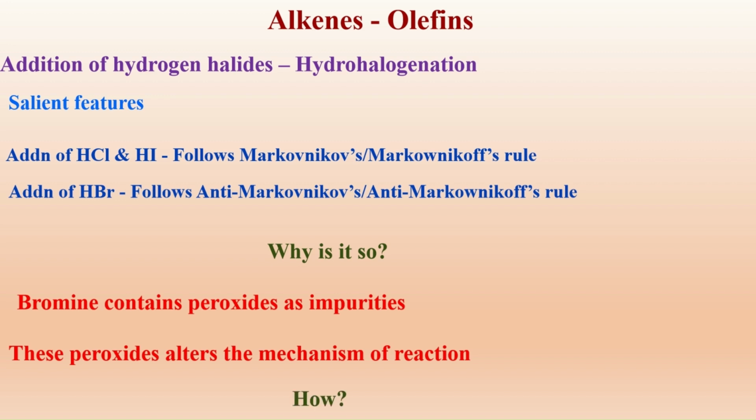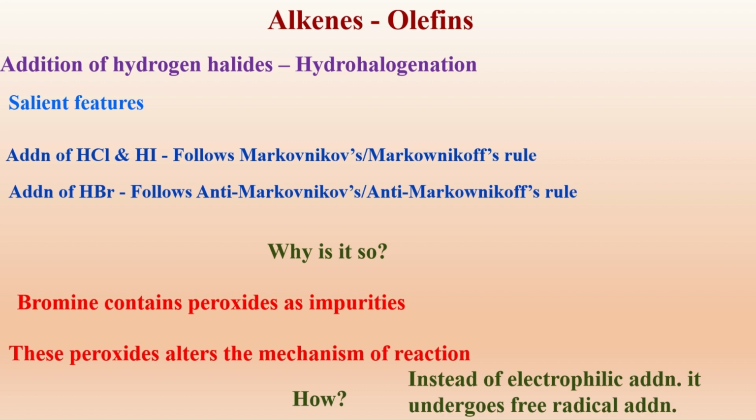Because of the presence of peroxide, the mechanism of addition is altered. Instead of following the electrophilic addition mechanism, hydrogen bromide addition to alkene follows a free radical addition mechanism. How does it alter the mechanism? How are free radicals formed? That will be the subject of discussion for the coming presentation.